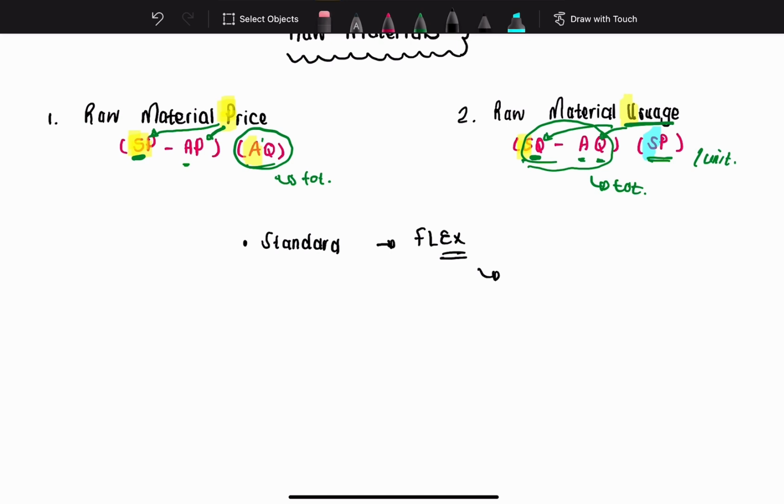For example, we can't flex this side very much, but we can try to flex this side for quantity. We're given our standard quantity. We're trying to work out our standard quantity.